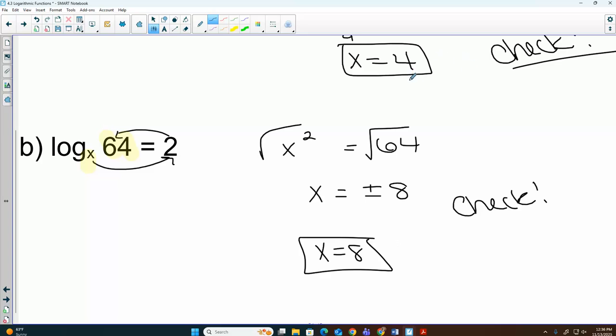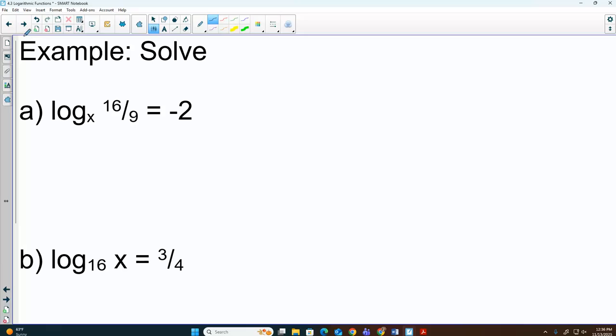Try some more. So how would I write this one? What does a negative 2 power mean?